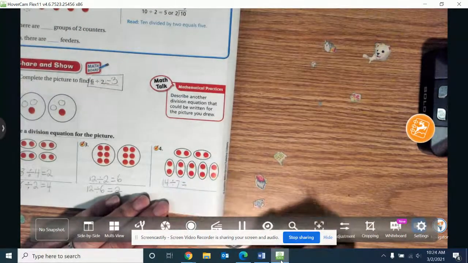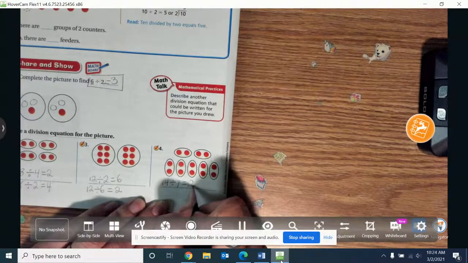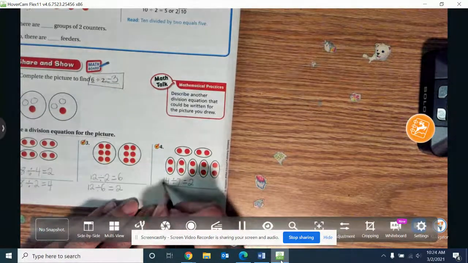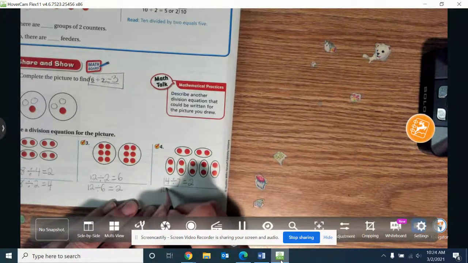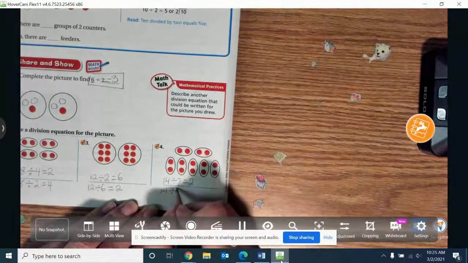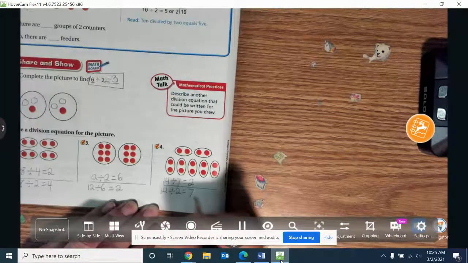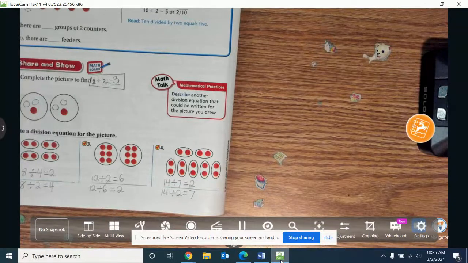Gives us how many in each group? 2. And the other way, still the total. This time if we put 2 in each group, how many groups? It's still the same, 7 groups.